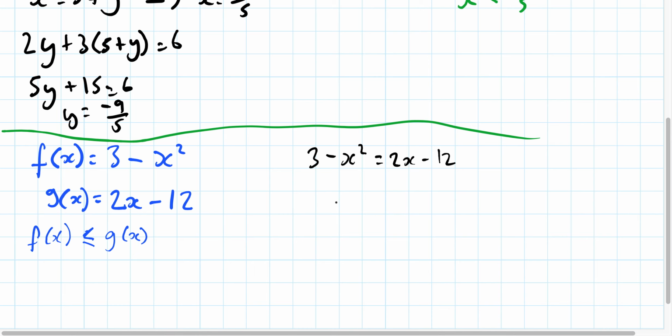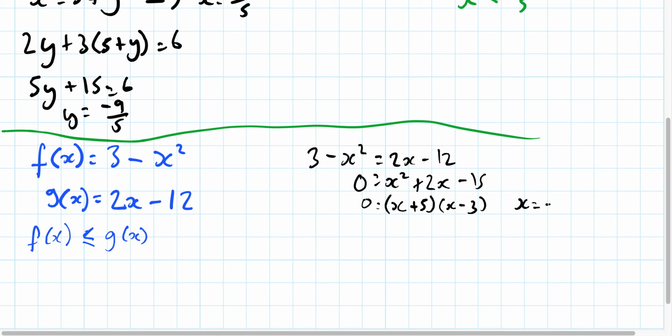And here, rearrange this, 0 equals x squared plus 2x minus 15. 0 equals (x plus 5)(x minus 3), two numbers that multiply to give 15, it's going to be 5 and 3, a plus and a minus.